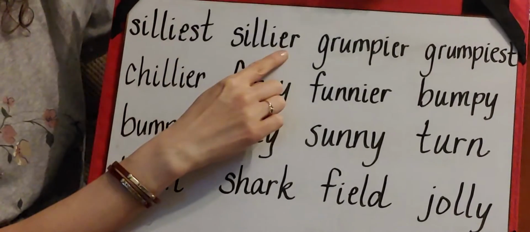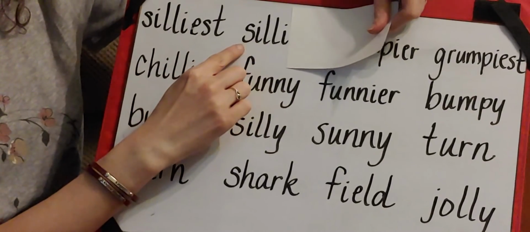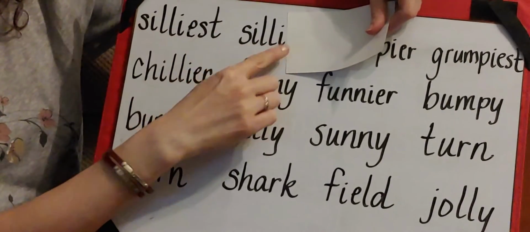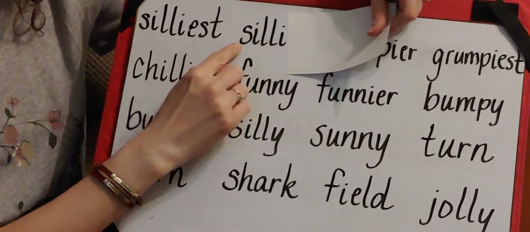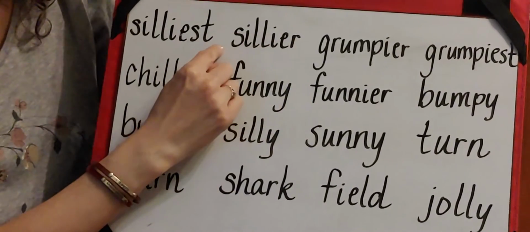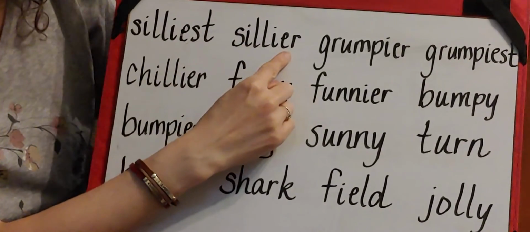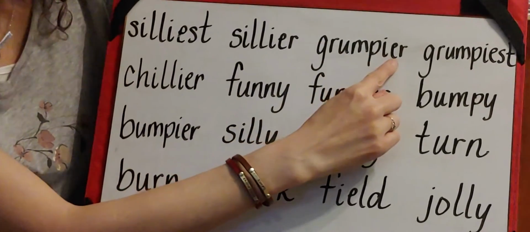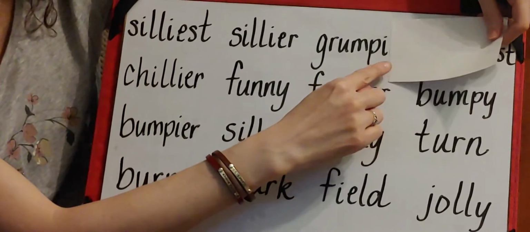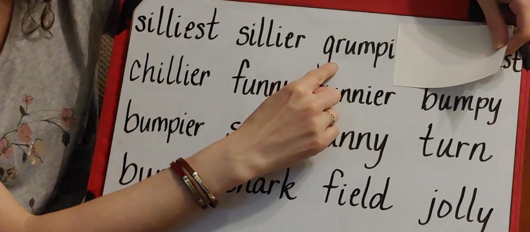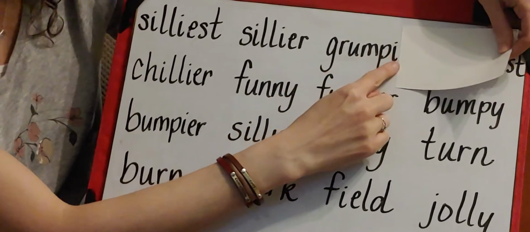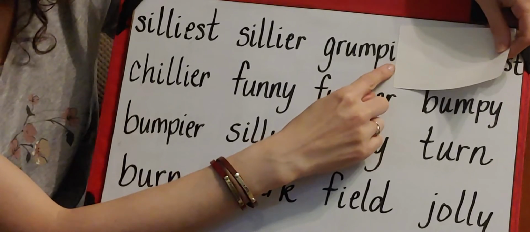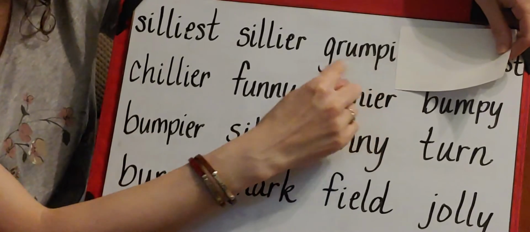Now let's look at this word. We're going to cover up that ER ending. There's the same base word again. Silly with an I. So it's silly-er. Word, sillier. Here's our next word. I see an ER ending, so I'm going to cover that up. I see the word grump with an I that makes the E sound because it was a Y before.